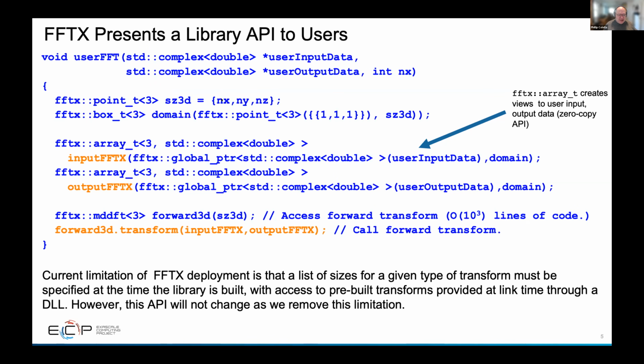Now I missed something here. This should be nx, nx, nx. So we define the size of the problem, both in terms of a point and then a box, which is given by 2 corners.